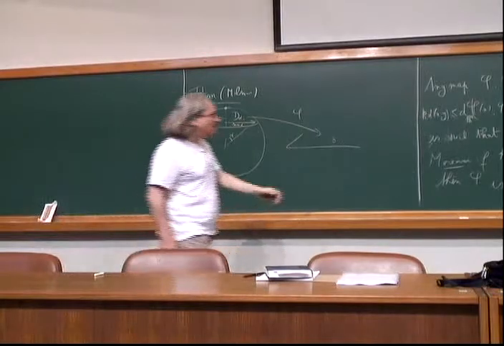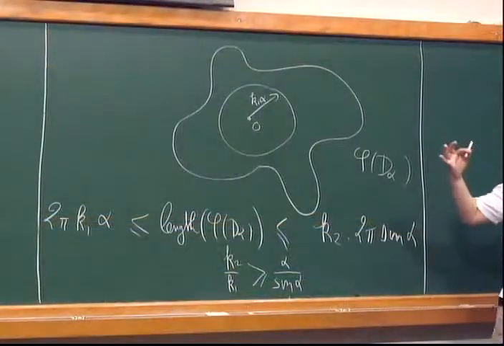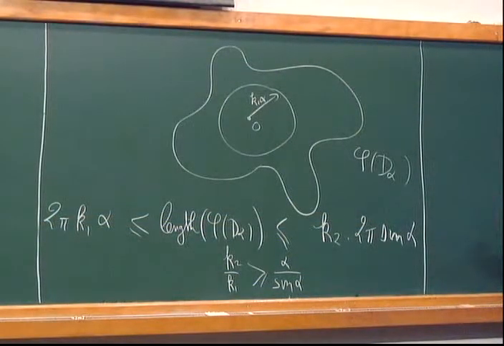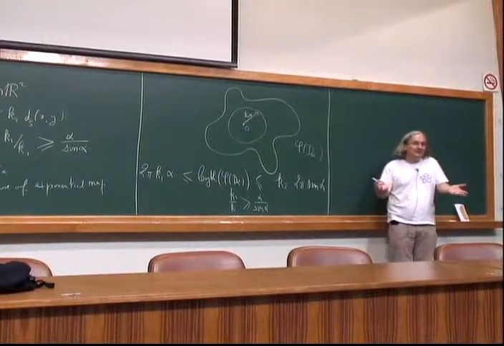What's happening if this is equality? Well, if you have a curve going around a disk whose length is exactly equal to the perimeter of the disk, there is not much choice. This curve has to be equal to the boundary of the disk. Again, you have to prove it, but we can believe that, okay?